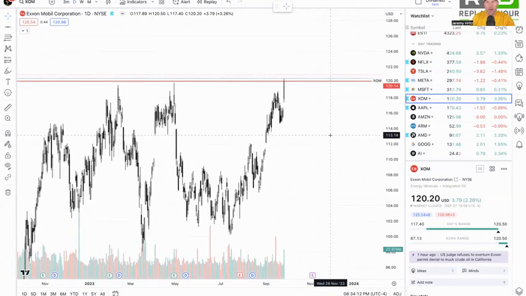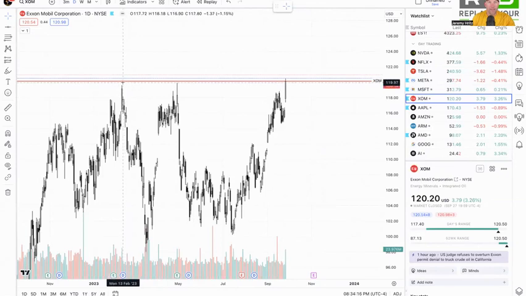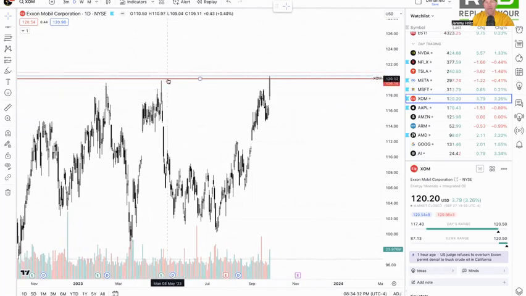ExxonMobil made an all-time high. We see that the last few times Exxon has hit into this, it's pulled back. Now, does that mean with 100% certainty we could say tomorrow that this thing is just going to fall off a cliff? No, because it still could go higher. However, we know there has been past history of Exxon pulling back. That's just something to keep an eye on.